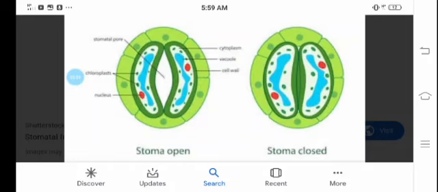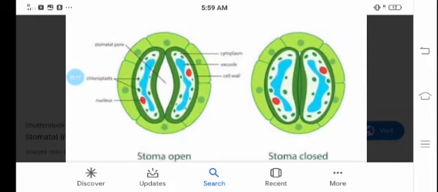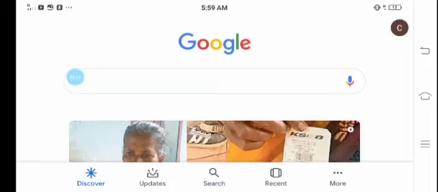That means the two bean-like cells have opened the mouth so that carbon dioxide can go in, oxygen can go out.